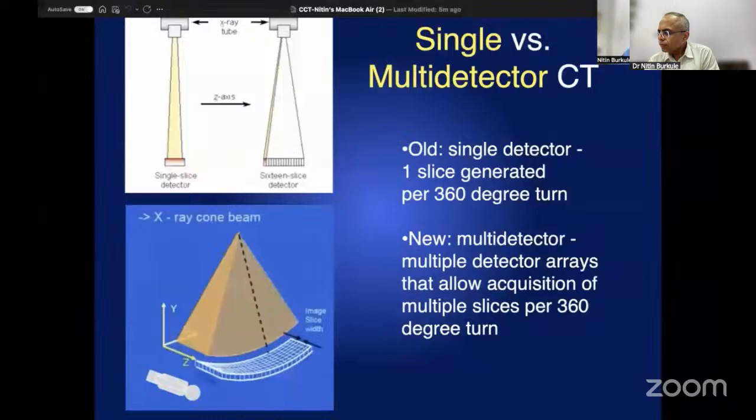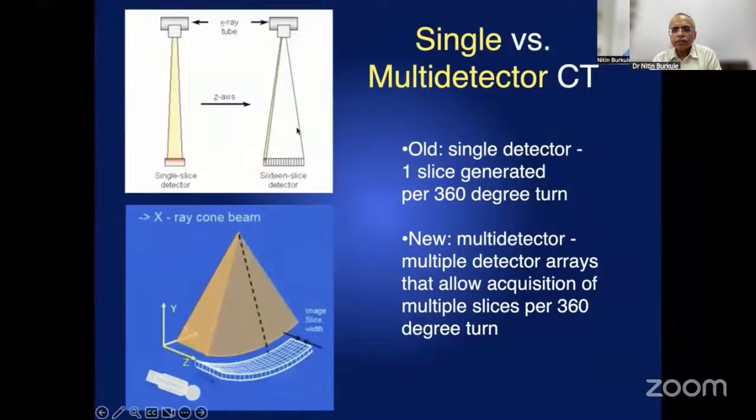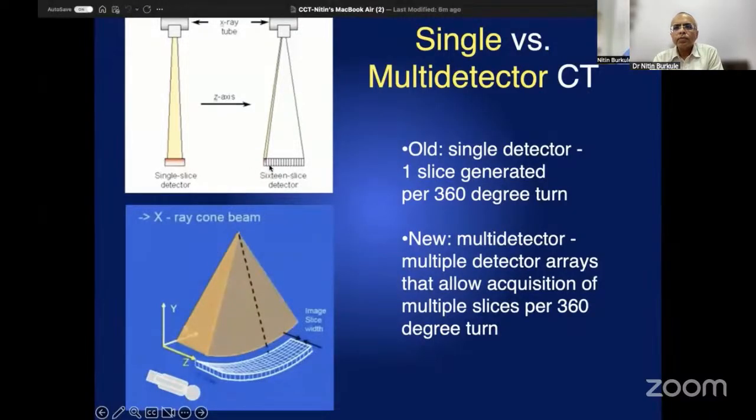So what is single slice and what is multi-detector CT? Now a single slice CT or a multi-detector slice CT, if we look at it in a z-axis, then the single slice CT has got the X-ray fan beam and only a single row of detectors on the opposite side of the X-ray tube. While in a multi-detector CT, in the head to foot direction, you have 16 or 64 or even 320 detector rows.